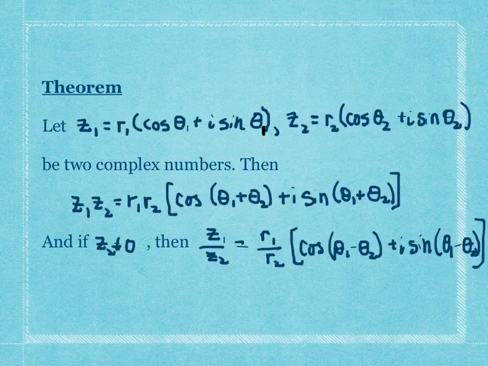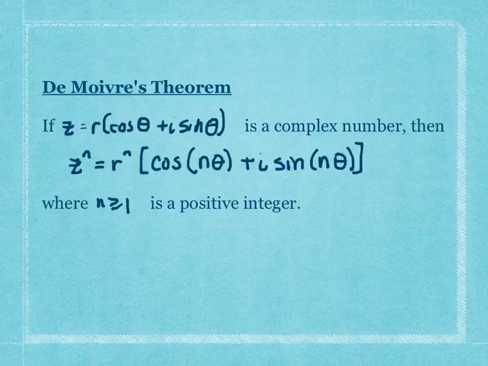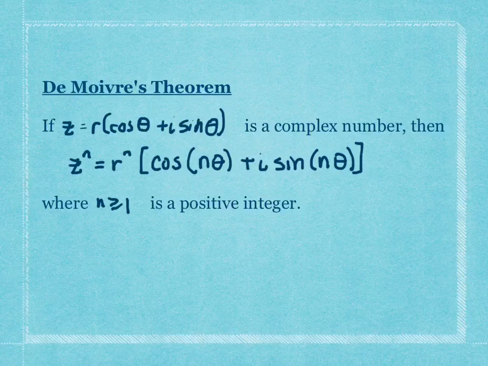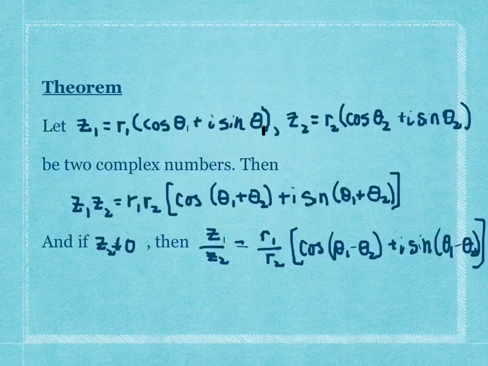Well, if we multiply the same r value a bunch of times, like r times r times r, that would be r to a power, however many times we had that. So you see on this formula r to the power n, because it's multiplied by itself n times. And if the angles were the same, right, our angles are supposed to be added, theta 1 plus theta 2.